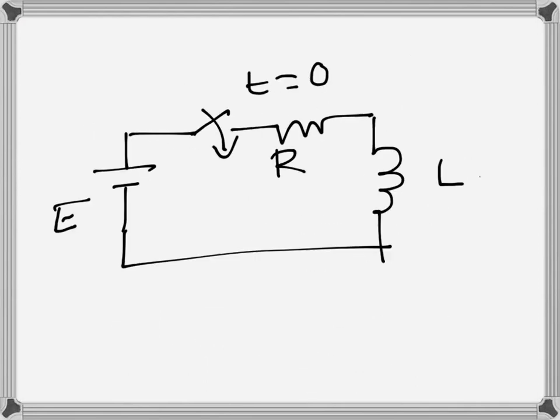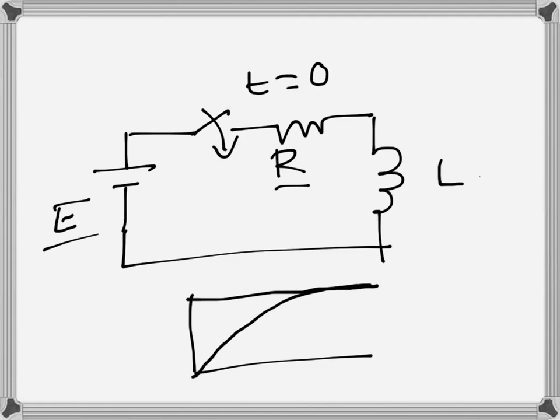So the current takes a while to achieve the steady state value. The steady state value will be just defined by the resistance and the applied voltage. So this is how it achieves the steady state value. That one is E over R, this is I, and this is t.